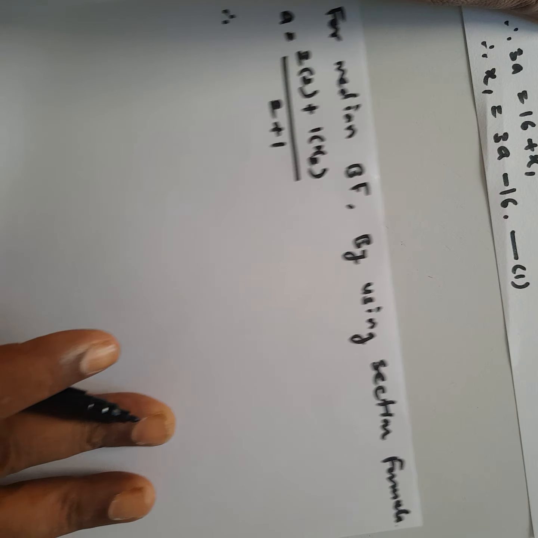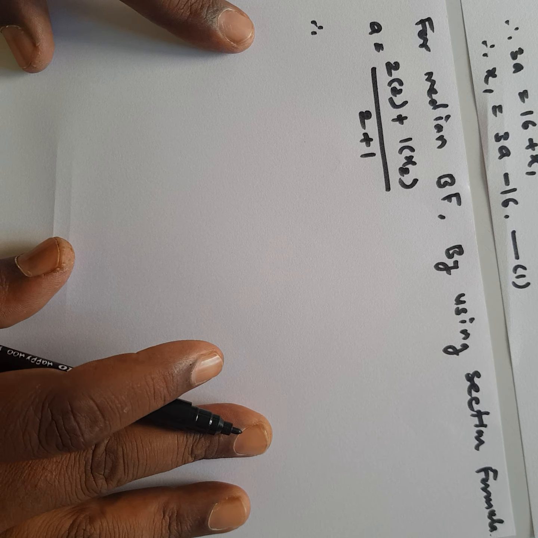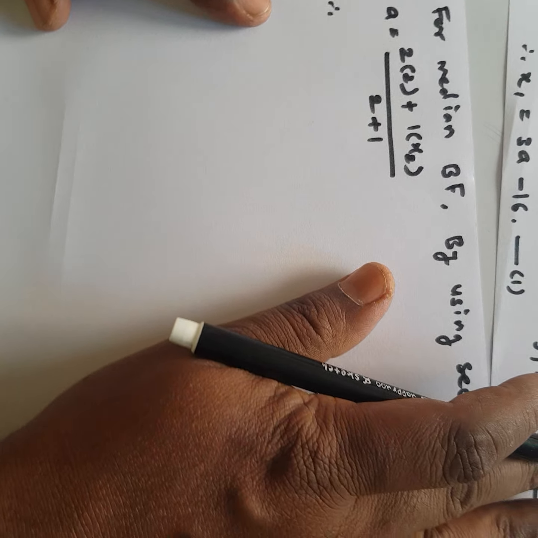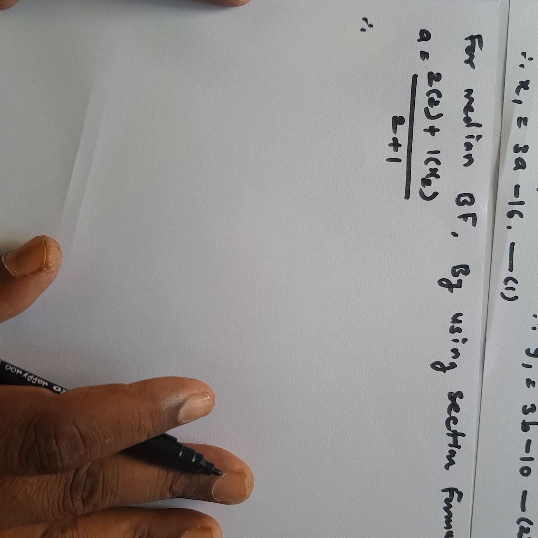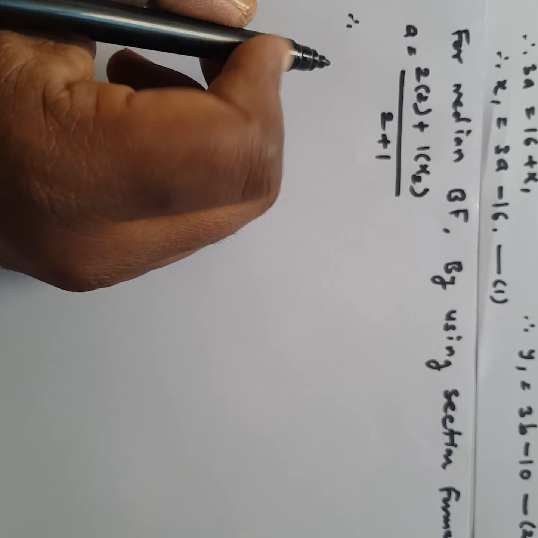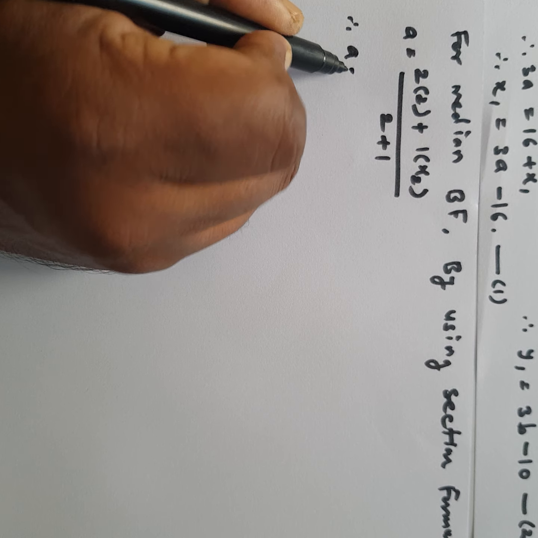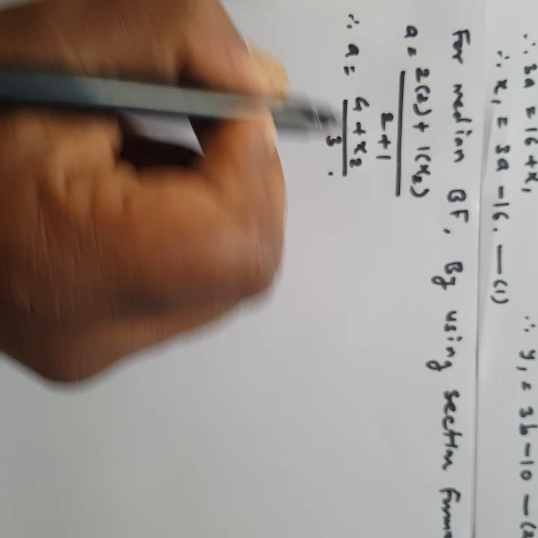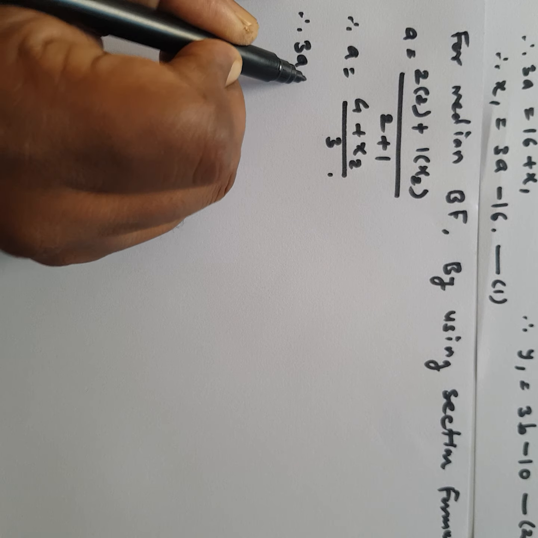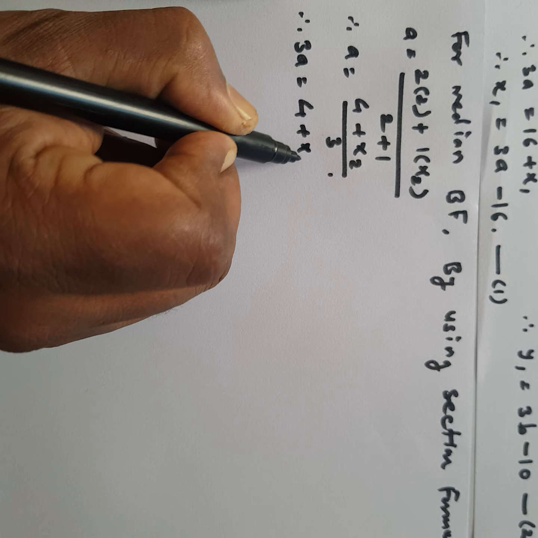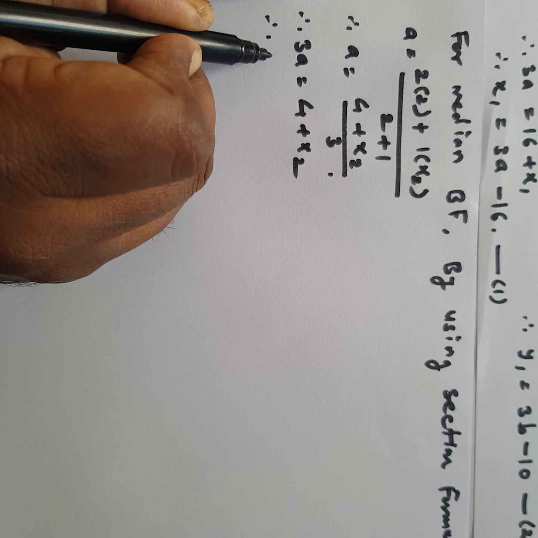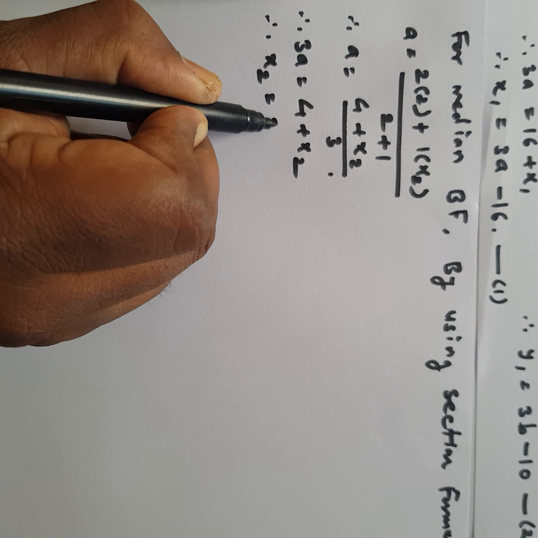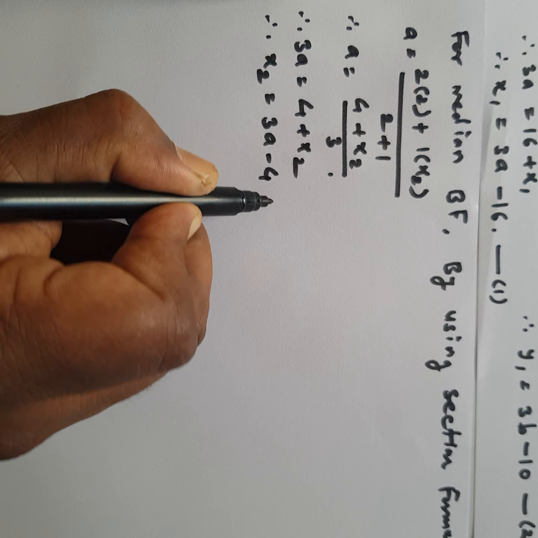Therefore, a is equal to (4 + x2) upon 3. Therefore, 3a is equal to 4 plus x2. Therefore, x2 is equal to 3a minus 4.